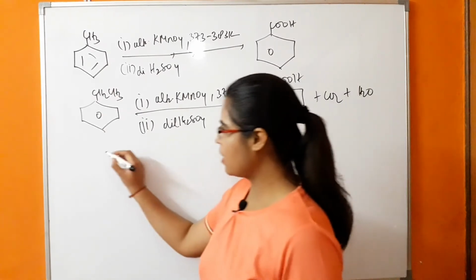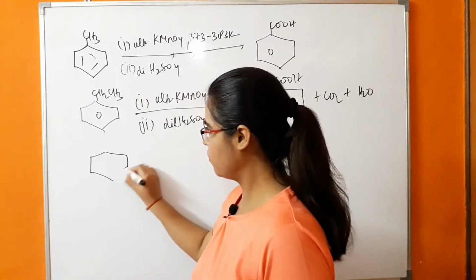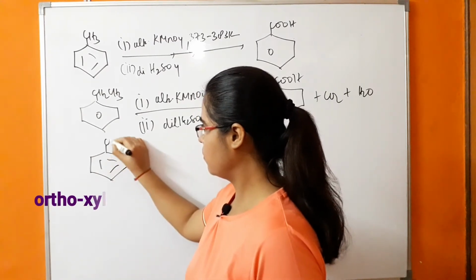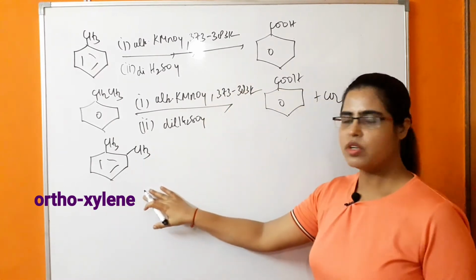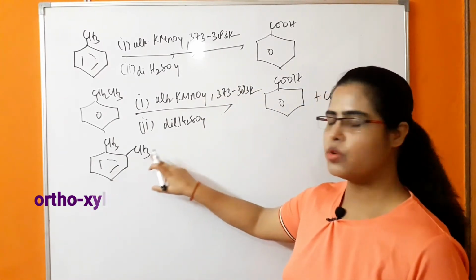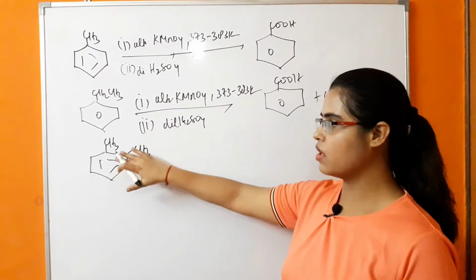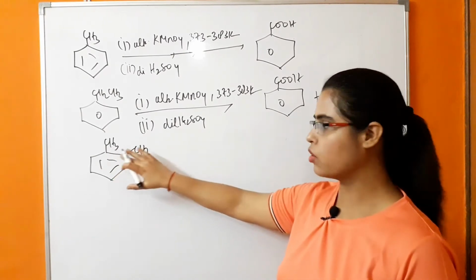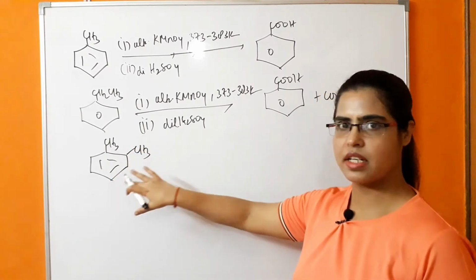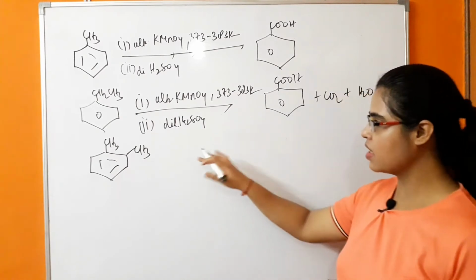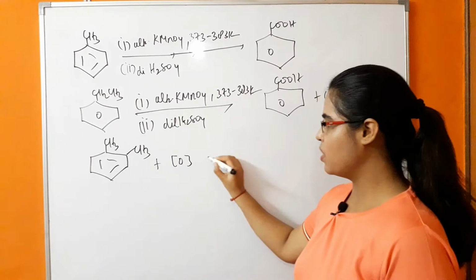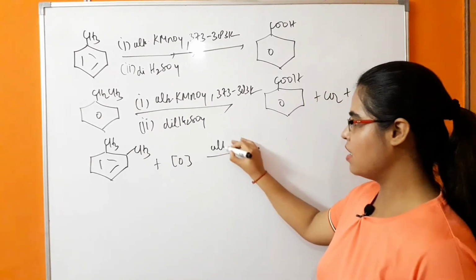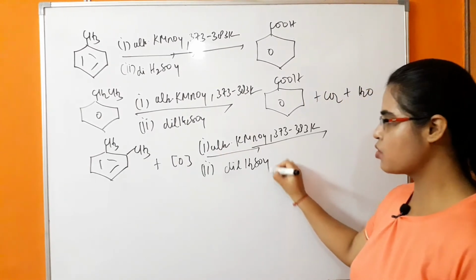Further, if we take this compound, this is 1,2-dimethyl benzene, also known as ortho-dimethyl benzene. So what is happening in this case? There will be oxidation in the presence of alkaline KMnO4 and dilute H2SO4.